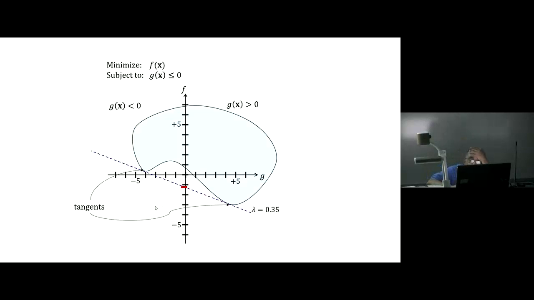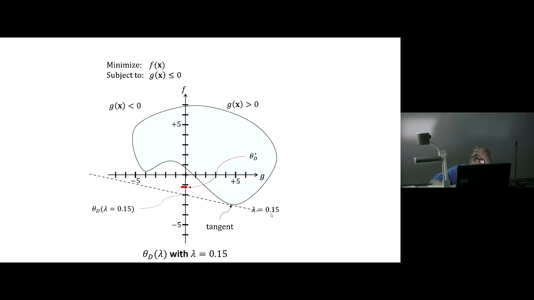Now let's delve further into why. So now I reduce lambda even further. So now you see that theta d lambda is going back downwards, right? Now this is for lambda equals 0, so here it's the horizontal line that's tangent.